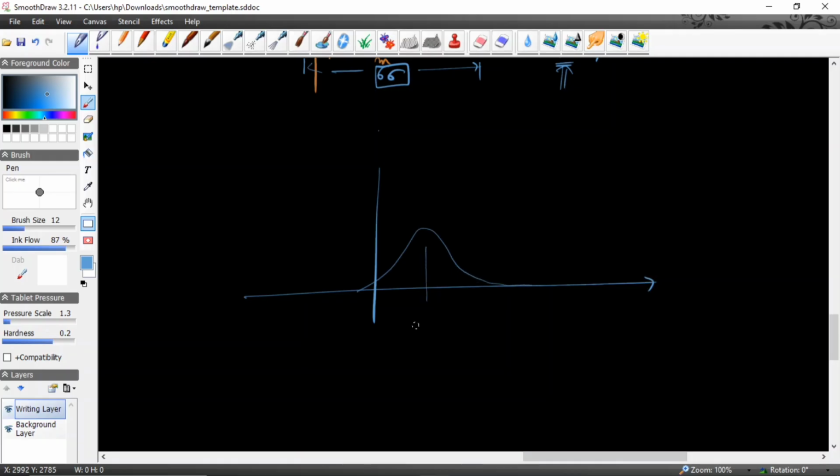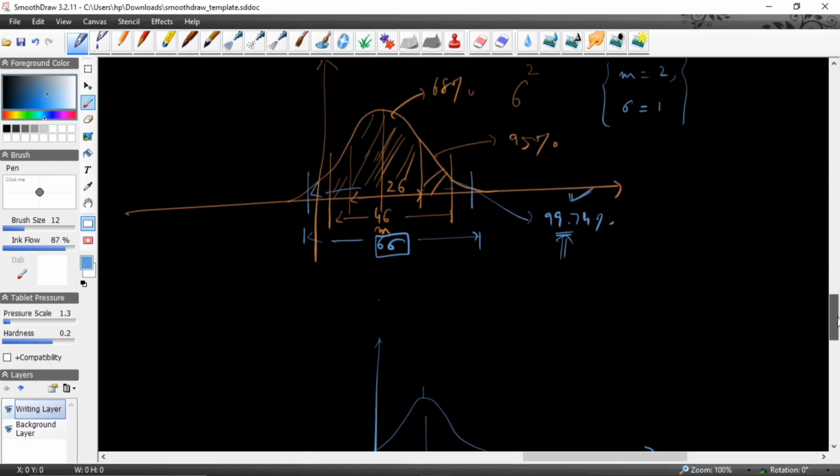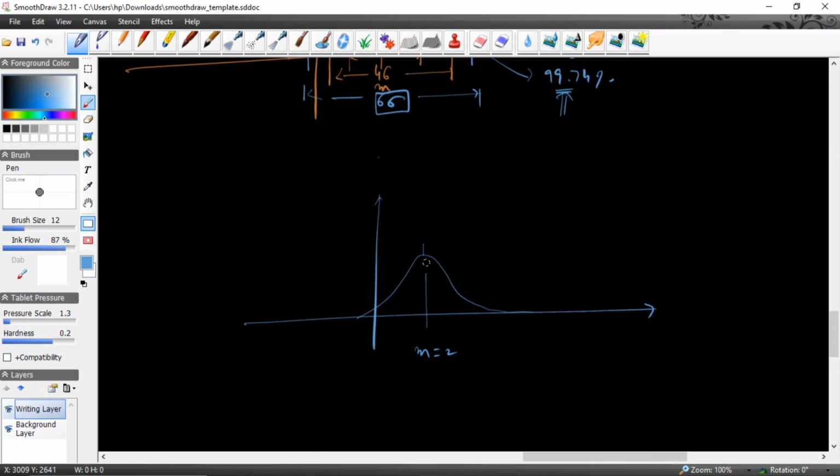So this is the mean value 2, and if the standard deviation is 1, and of course the variance is also 1, then mean plus minus sigma means 2 minus 1 and 2 plus 1, between 1 and 3, you will get 68% probability. The probability of finding the random variable x between 1 and 3 is 68%.